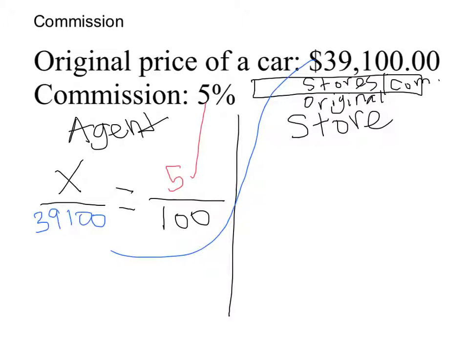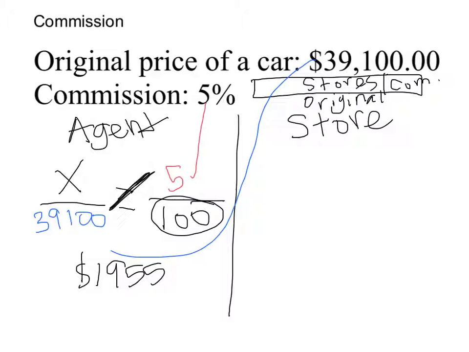So we need to cross multiply 39,100 multiplied by 5 and then divide by 100. When you do that, what you end up with is 1,955. So the agent is going to make $1,955.